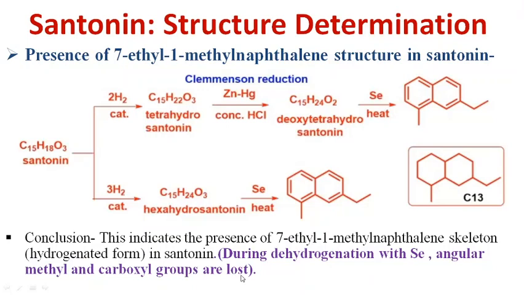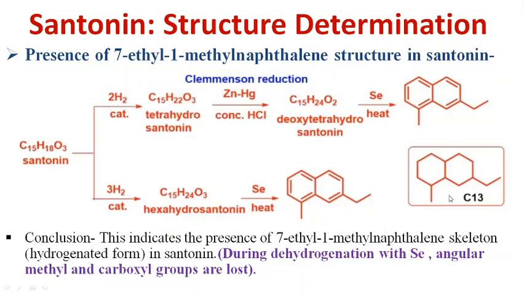that are present. Now we have to assign 2 more carbon atoms, which we can also do during hydrogenation. This is an actual fact that during selenium dehydrogenation, angular methyl, a very important thing you should note, angular methyl and carboxyl groups are lost.